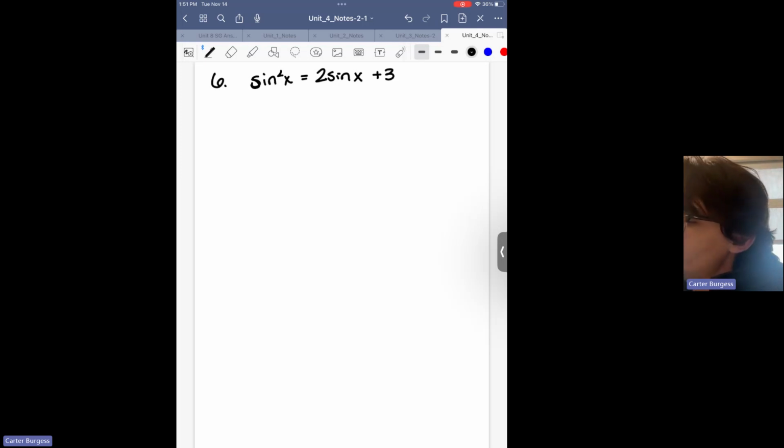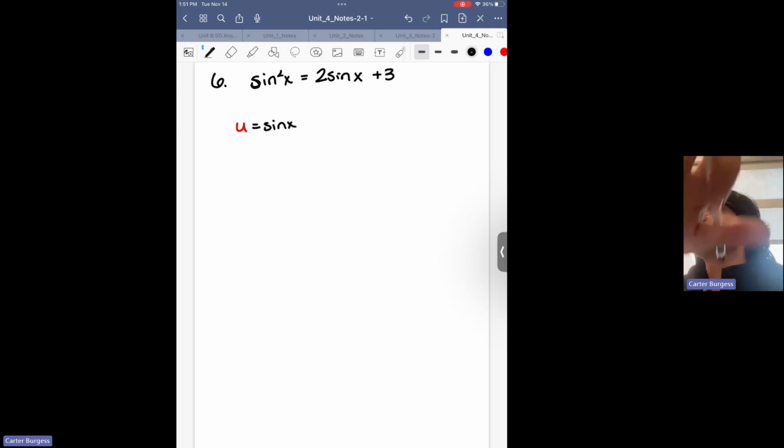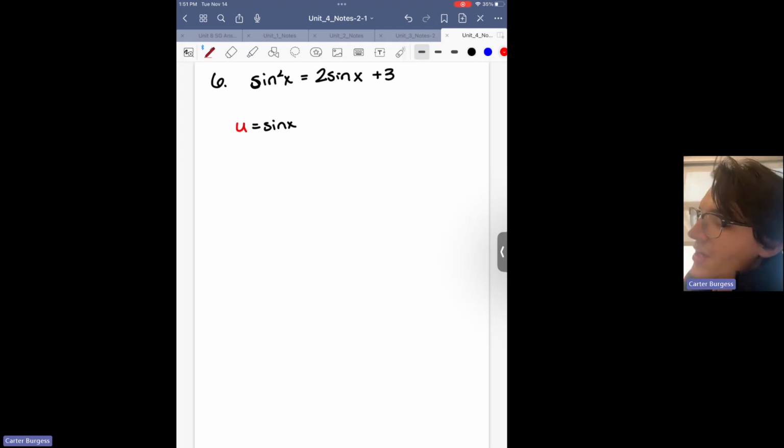We're going to use our u substitution technique here. Say that u is equal to sine of x. We're just going to set sine of x aside till the very end of the problem. And in doing so, we reformat this problem to be u squared is equal to 2 times u plus 3.